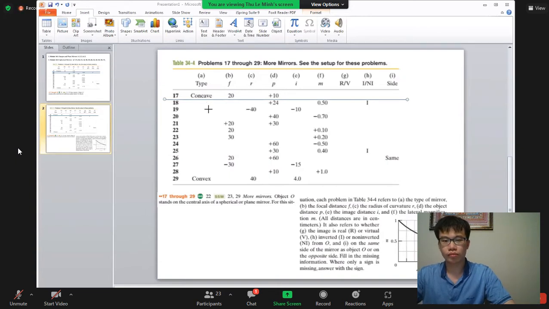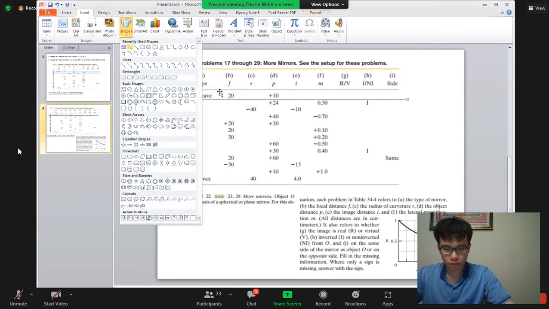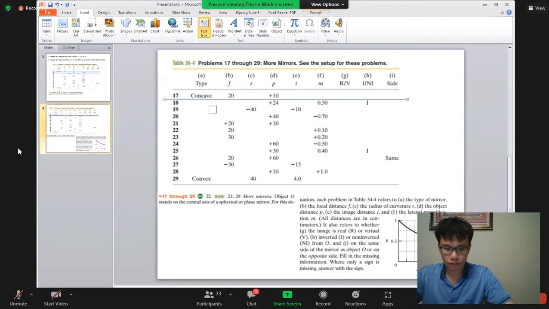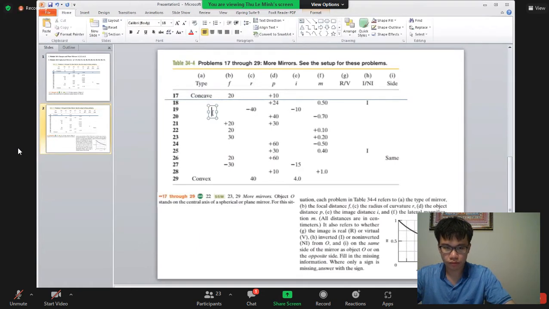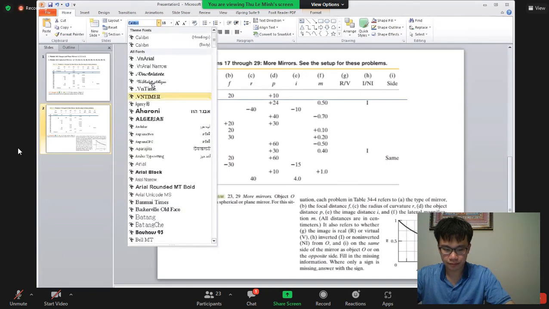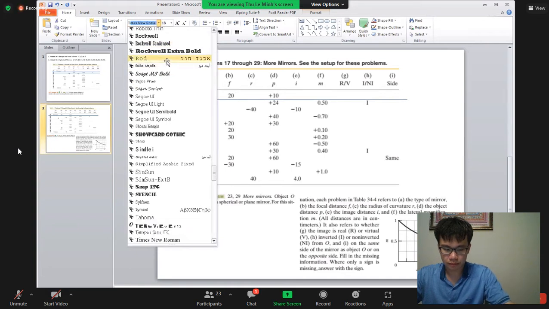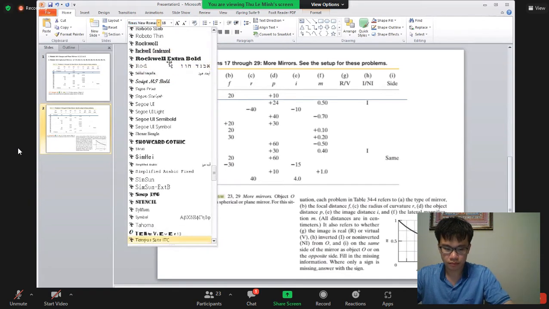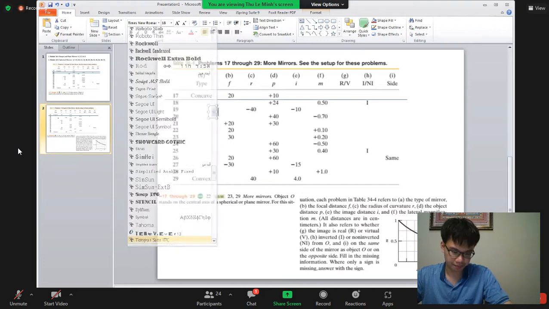Concave spherical mirror, so the radius and focal length should be positive, and you should put a plus here.